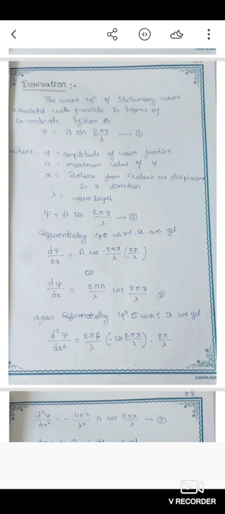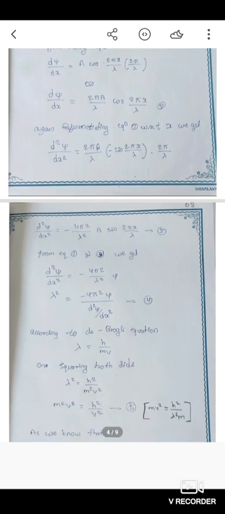Again differentiating, we get d square psi divided by dx square is equal to 2 pi a divided by lambda into minus sin 2 pi x divided by lambda into 2 pi divided by lambda. So d square psi divided by dx square is equal to minus 4 pi square divided by lambda square into a sin 2 pi x divided by lambda. This is equation 3.